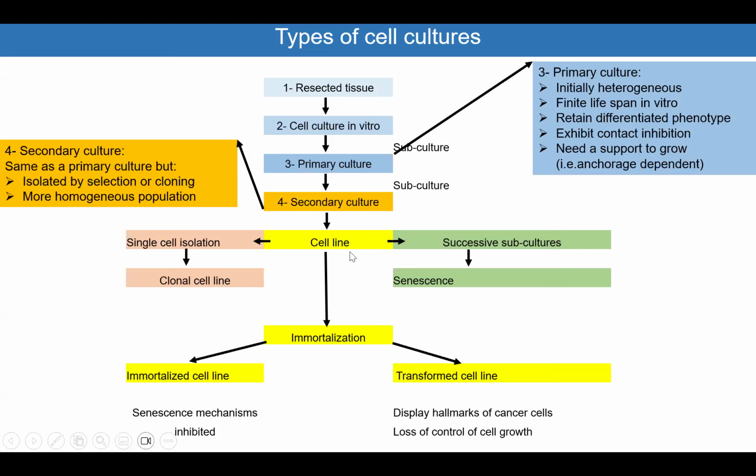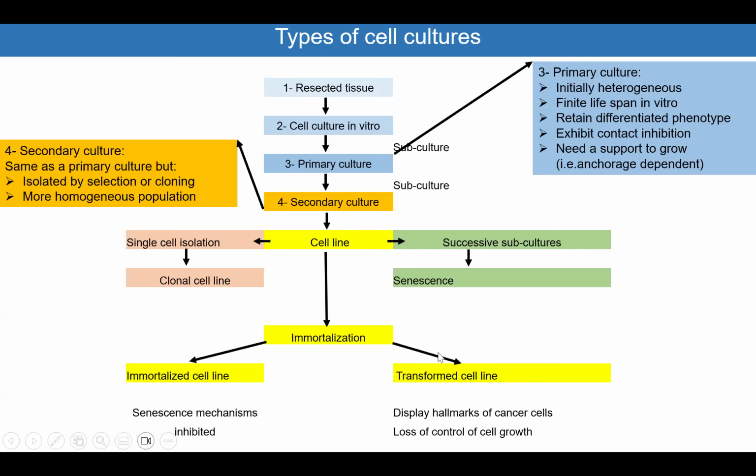Or you simply take all those cells and immortalize them by one of two ways. One way is to keep growing the cells and subculturing them, or you transform them by certain proteins, which comes in the next slide.